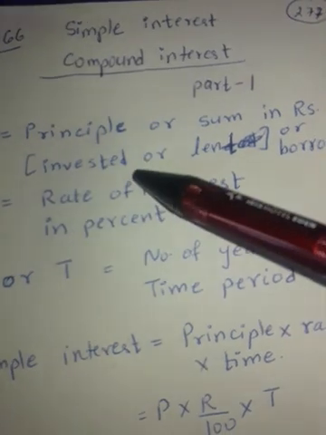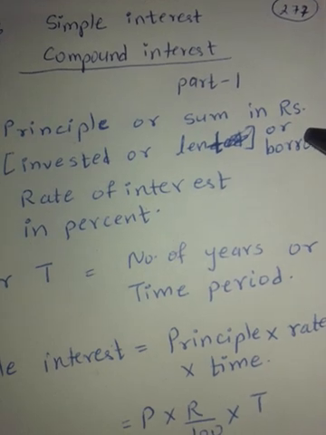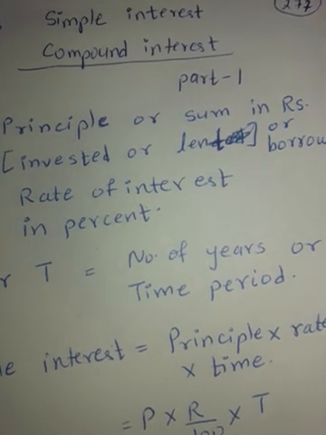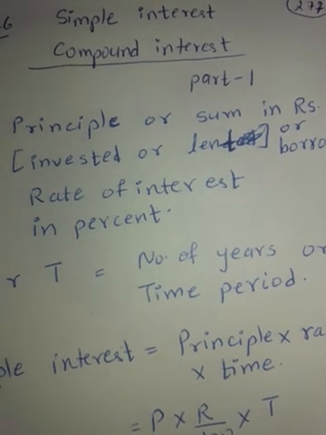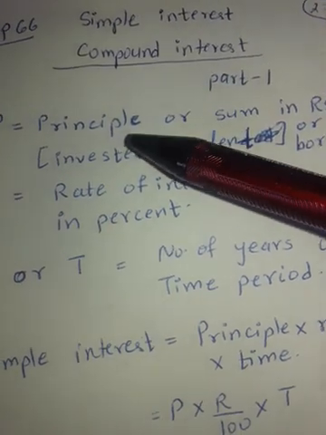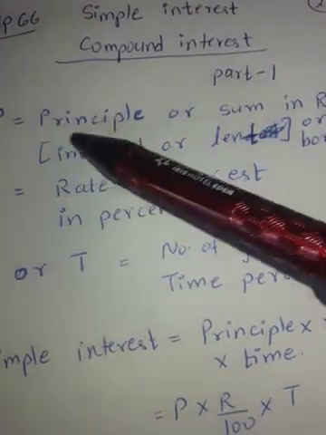So it is sum invested or sum lent or sum borrowed. That means even if you give a loan, that is also known as sum. If you take a loan, that is also known as sum. If you deposit something, that is also known as a sum or principal.